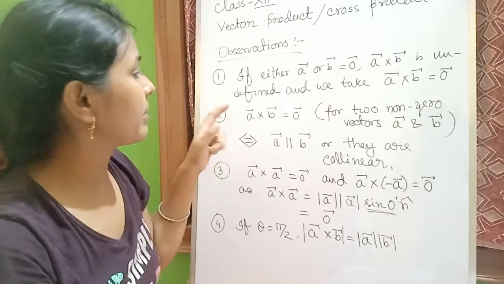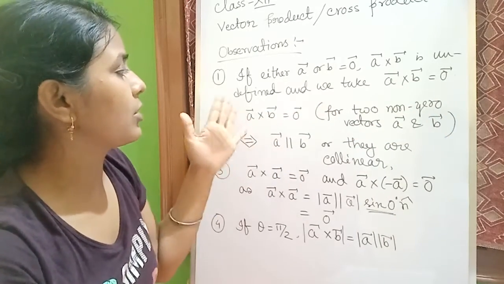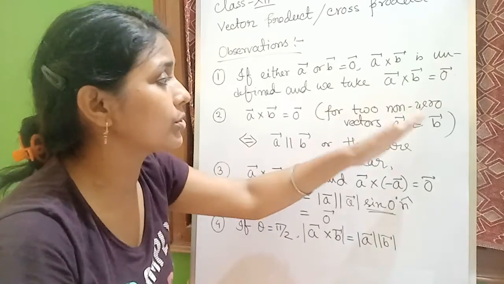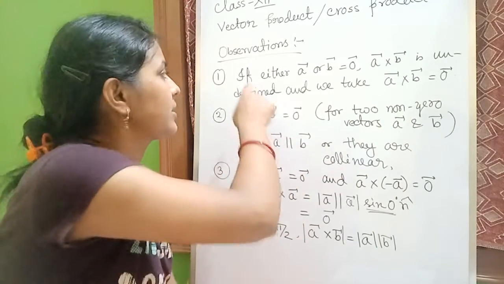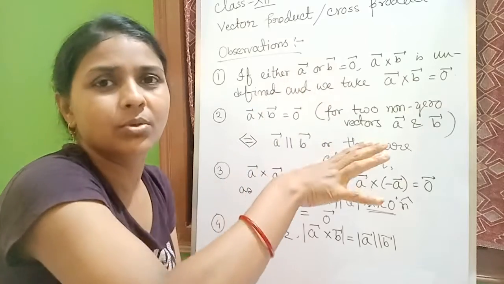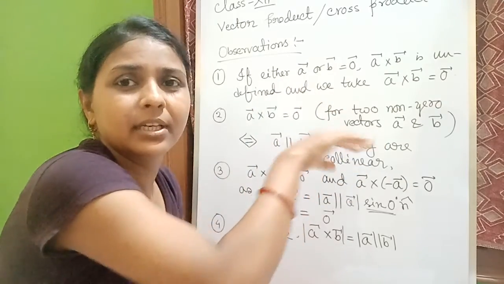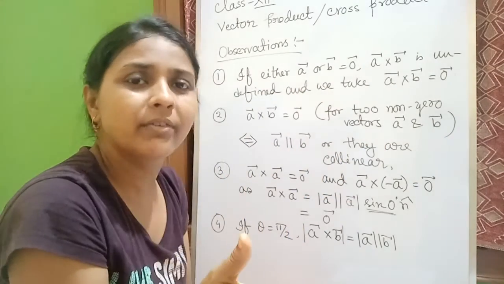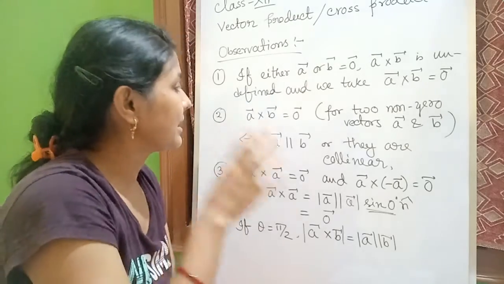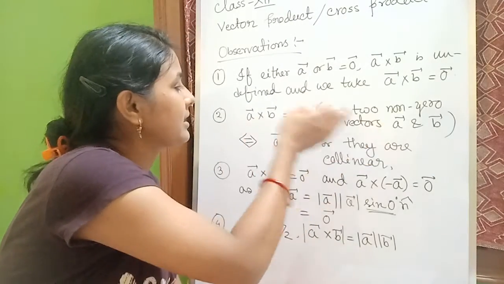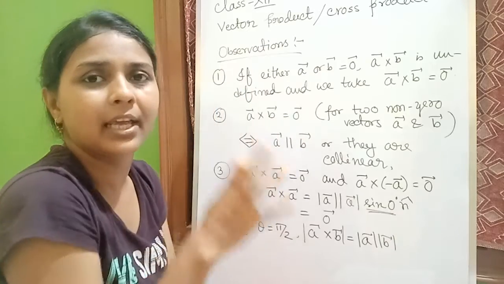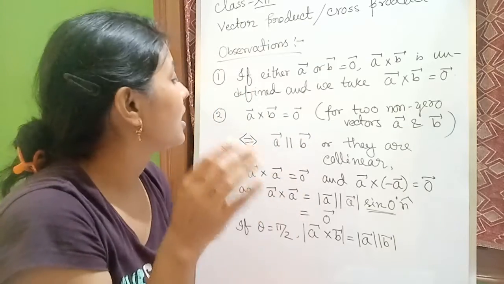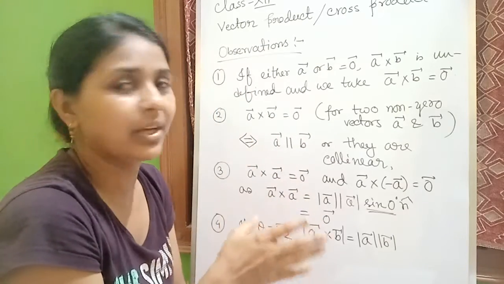Number 2: suppose A cross B vector equals the zero vector for two non-zero vectors A and B. Earlier it was for either one being zero, but here both the vectors are non-zero, and along with that we have the condition A cross B equals the zero vector.